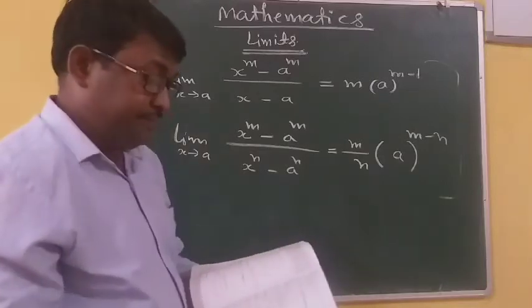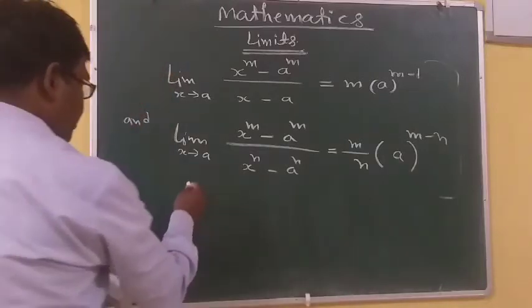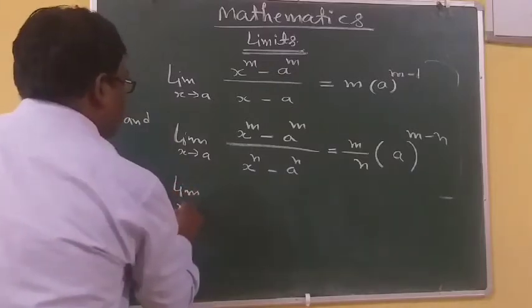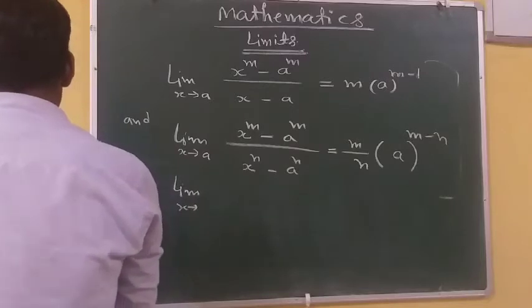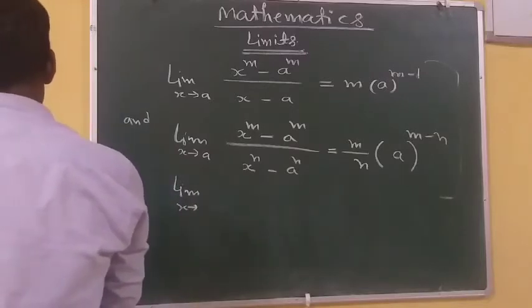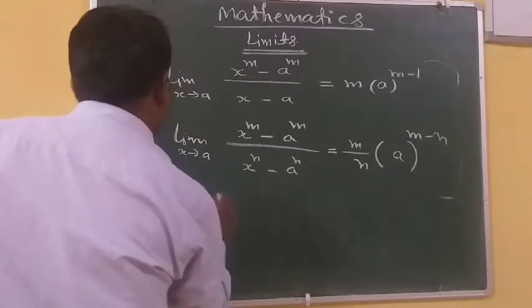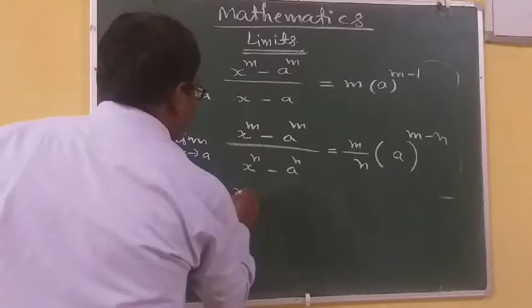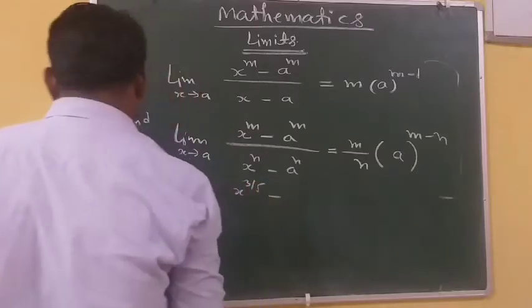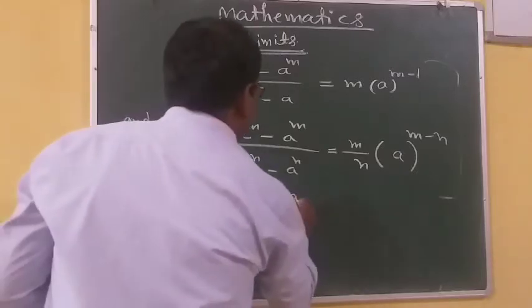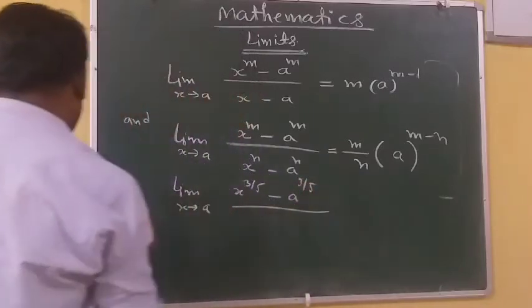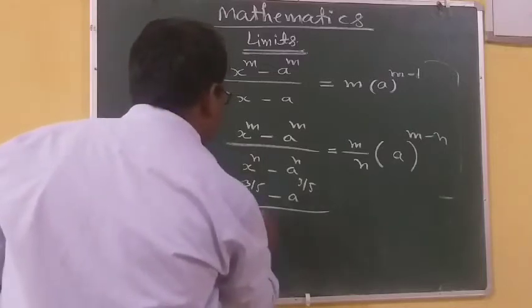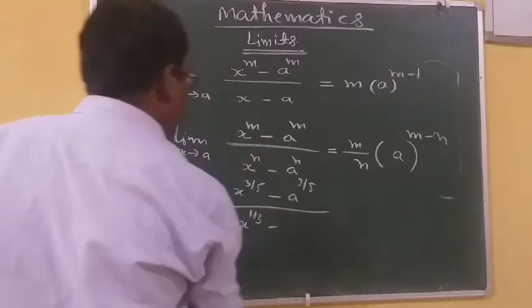Some result like limit x tends to a, (x power 3 by 5 minus a power 3 by 5) divided by (x power 1 by 3 minus a power 1 by 3).